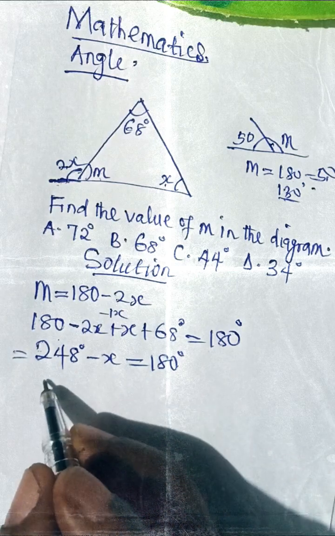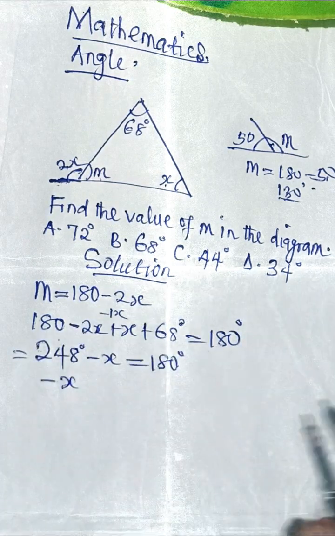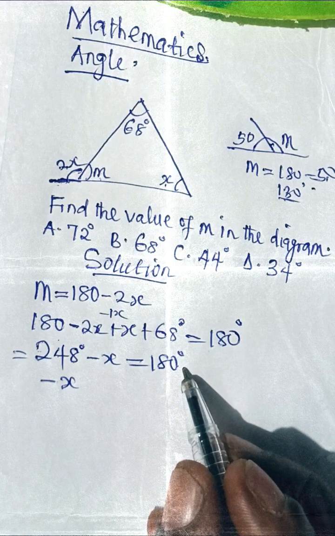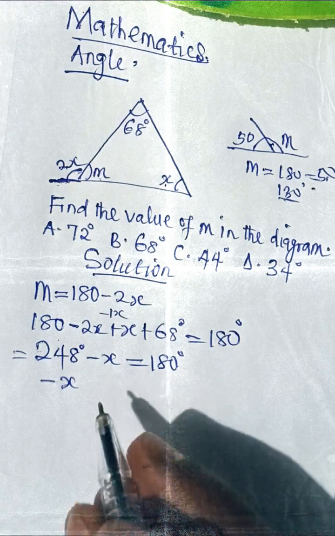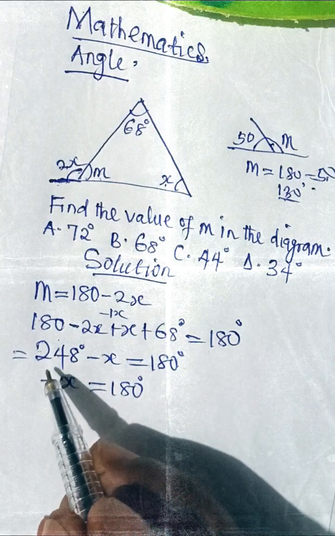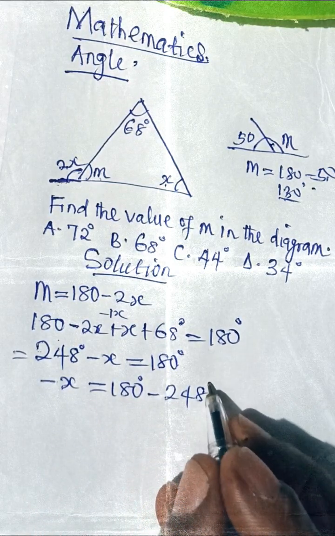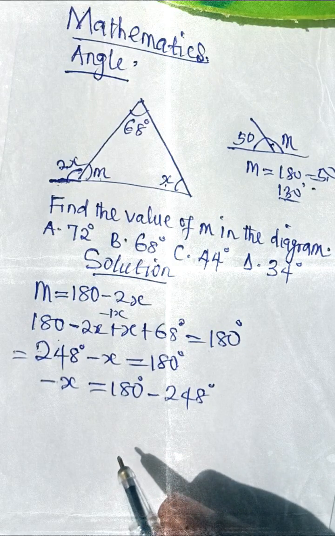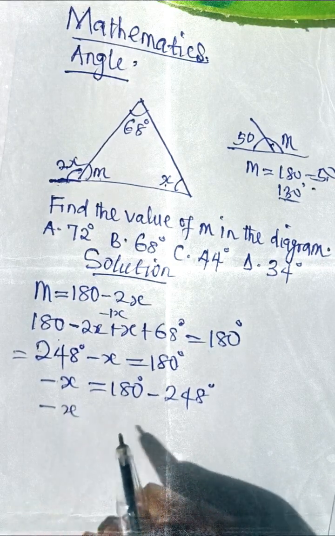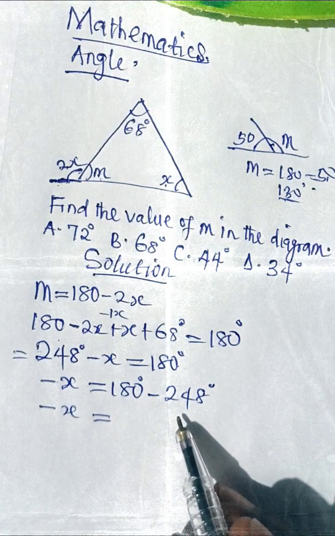All right. Now, this 248 will go and meet the same number here, because this one is alphabet. I'll have 180 degrees. As the number moves, since it's positive, it will become negative here. So minus x will be equal to 180 minus 248.